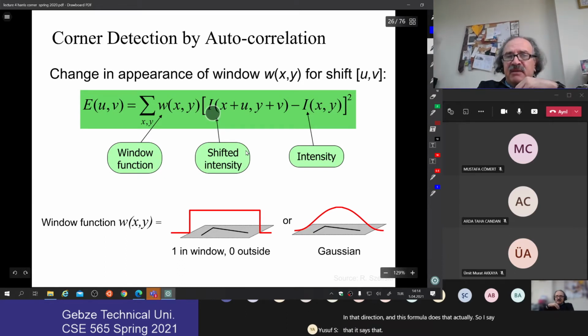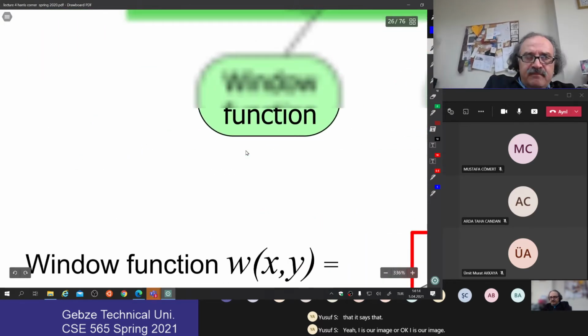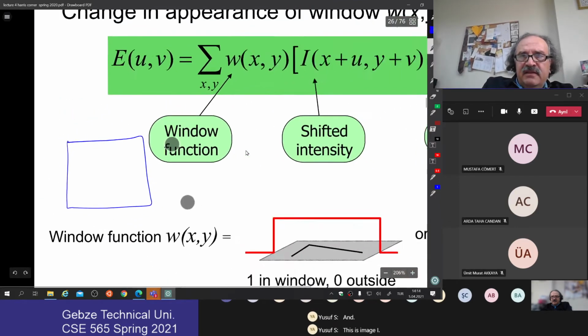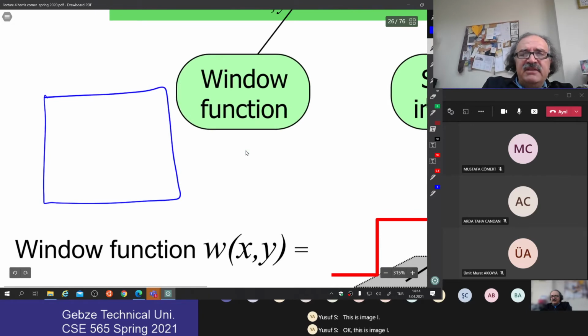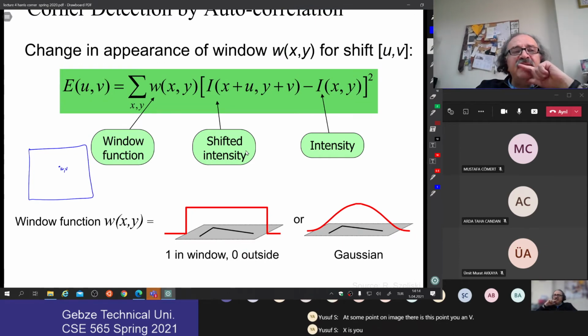I is our image. At some point on the image, there is this point U and V. X is U, Y is V.